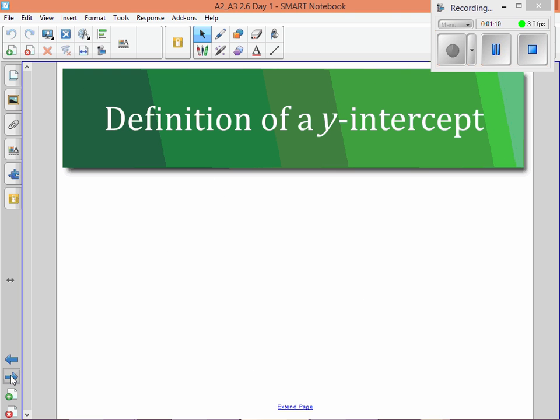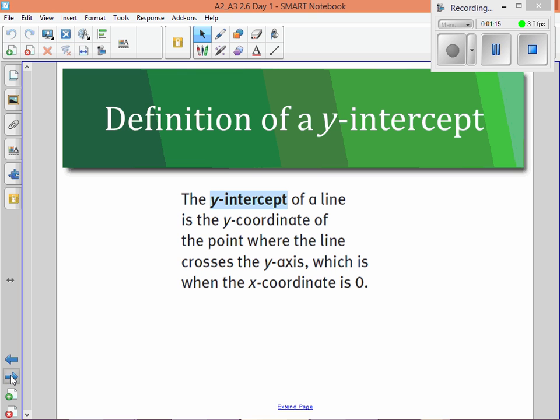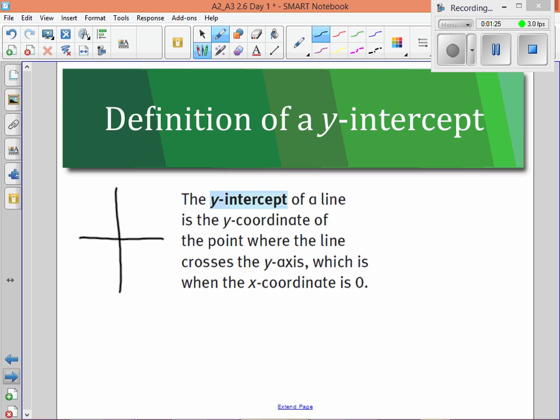Okay. So, the definition of the y-intercept. The y-intercept of a line is the y-coordinate of the point where the line crosses the y-axis, which is when the x-coordinate is equal to 0. So we have a line, any linear line. I'm just going to draw a quick axes here, x and y. Here's a linear line.